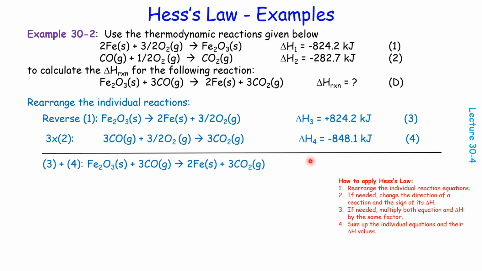But now this unknown delta H value can be obtained by adding the delta H of the individual reactions. The answer for this question is negative 23.9 kilojoules. In other words, negative 23.9 kilojoules is the delta H of reaction for the desired or overall reaction.